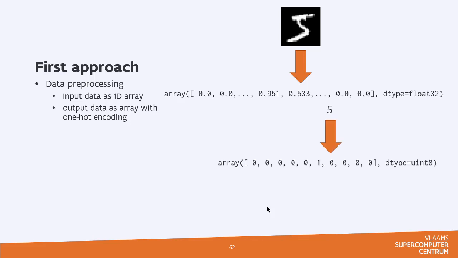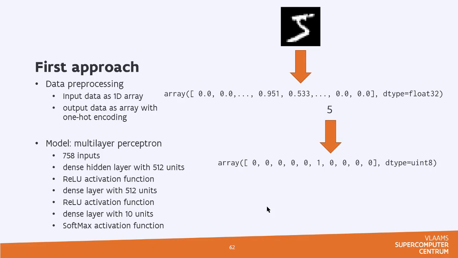So basically in this case, the sixth element of that array would be 1, all the others would be 0. So that's the data types. Also we switch for the image from the integer representation of the grayscale value, from 0 to 255, and we rescale those values between 0 and 1, and they will be single precision floating point values, so float32.